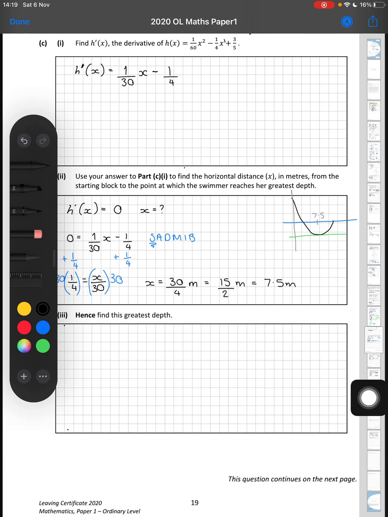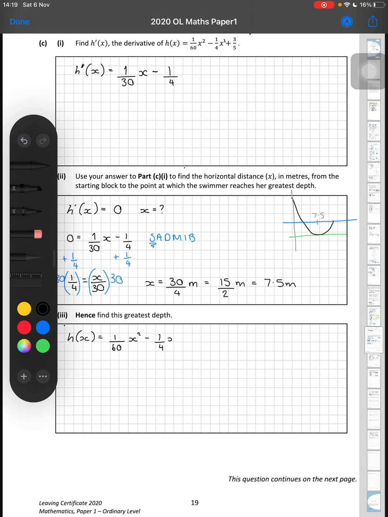And then it says, hence find this greatest depth. So we're going to find the y value at this 7.5 x value.